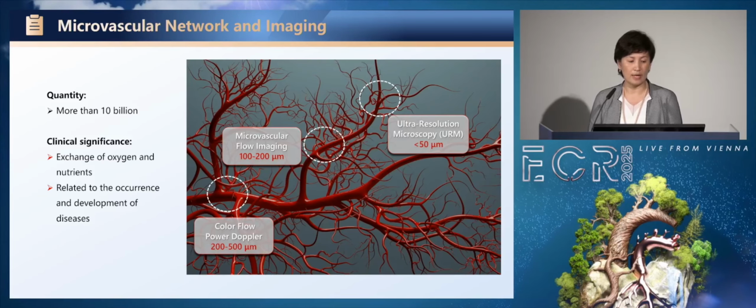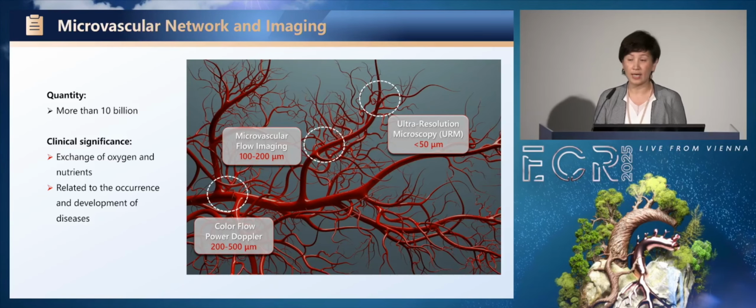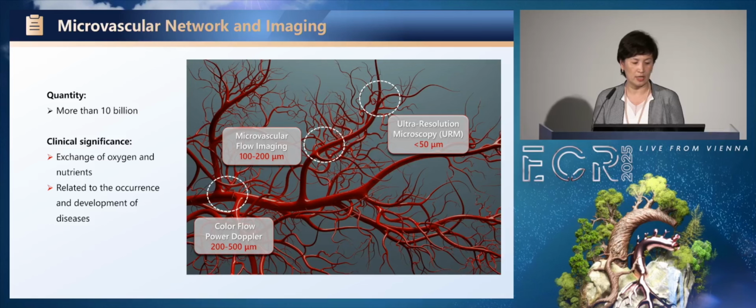So let's look at the microvascular network. In the body, there are more than 10 billion vessels. Their clinical significance includes the exchange of oxygen and nutrients, and they are also related to the occurrence and development of disease.